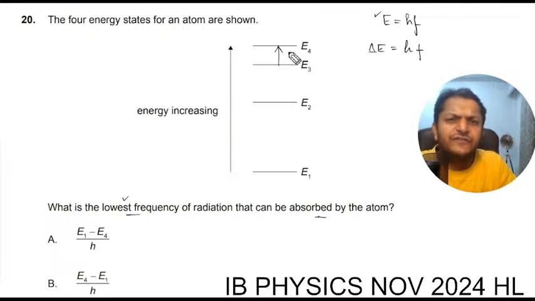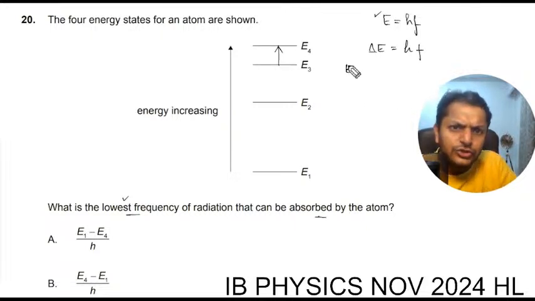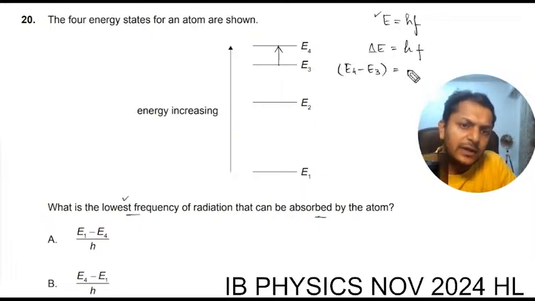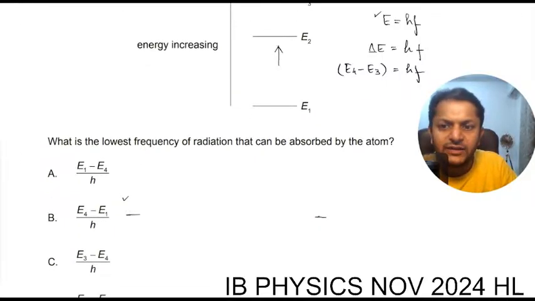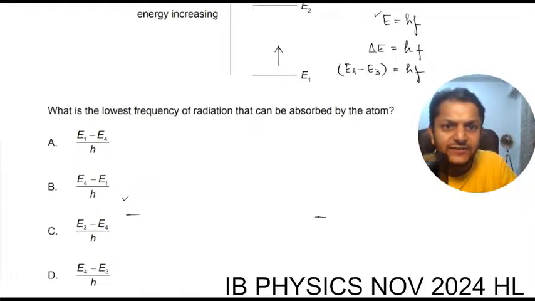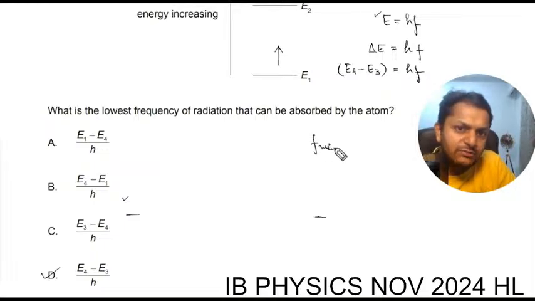So the change in energy, the final state is E4, so it should be E4 minus E3 is equal to hf. And so (E4 minus E3) divided by h, and D will be the correct answer. Accordingly, you can clearly see E4 minus E3 is equal to hf. So the minimum frequency will be (E4 minus E3) divided by h.